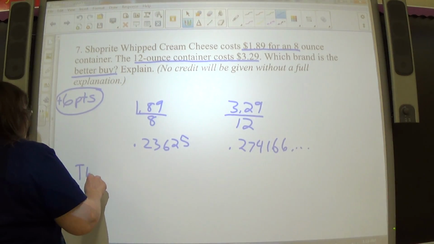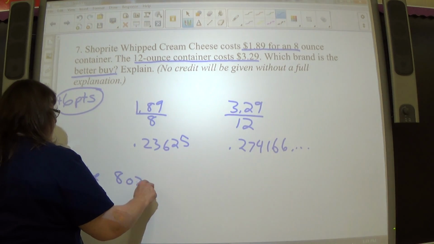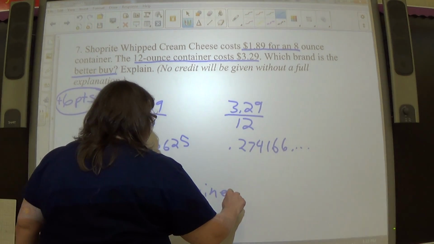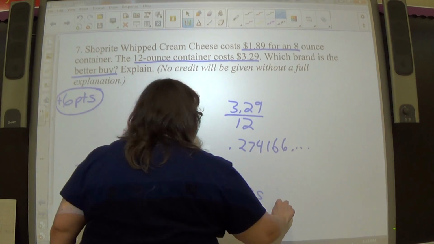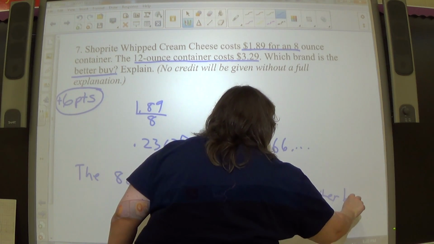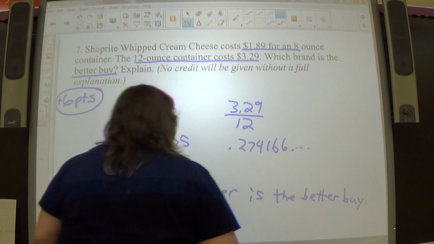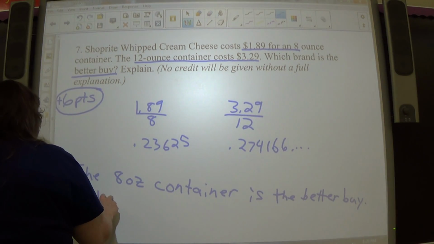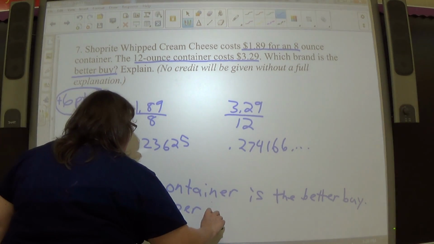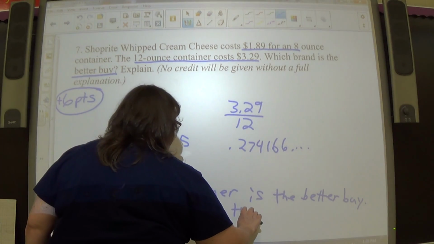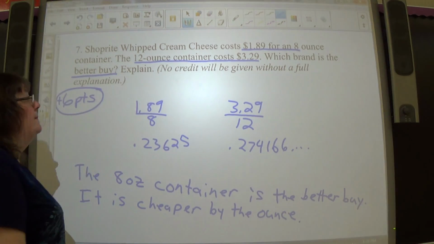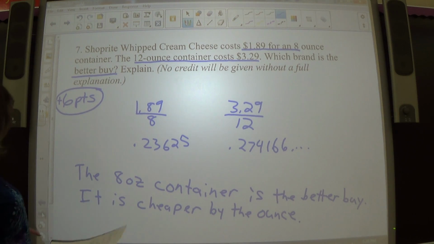So, the 8-ounce container is the better buy, because it is cheaper by the ounce. Okay? So that's what you needed for that one.